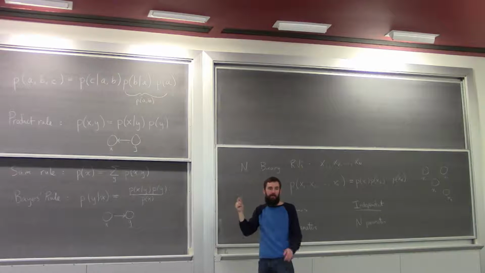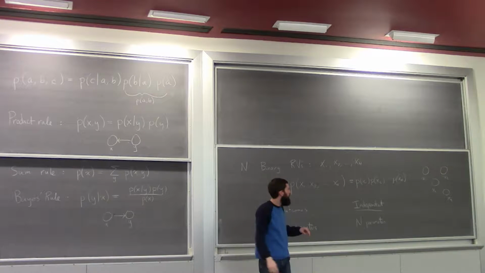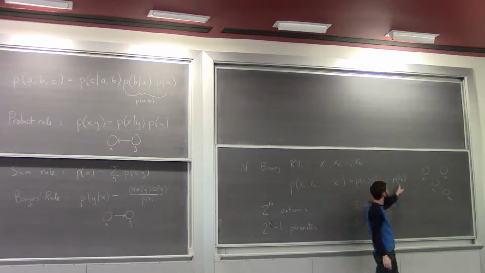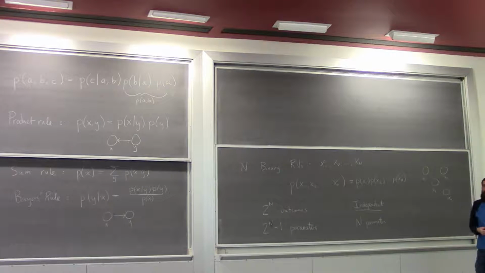If nobody has any parents, everybody is conditioned on nothing. So the best graphical model you can have, in the simplest case of N binary random variables, is a graphical model with no edges. That is your best case scenario in terms of the easiest to solve. It reduces you down to just N parameters instead of 2 to the N minus 1 parameters.